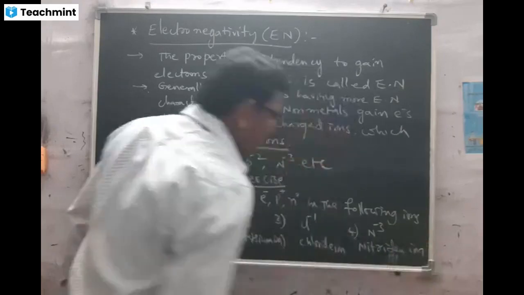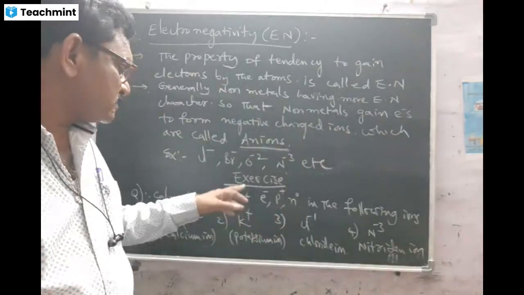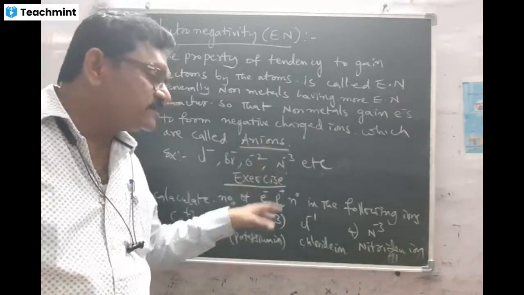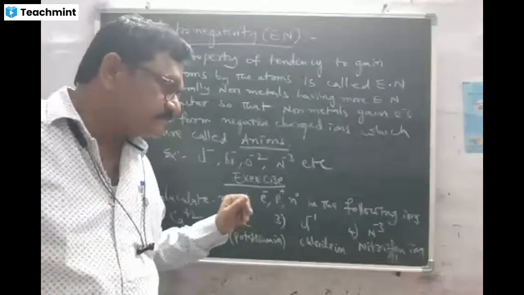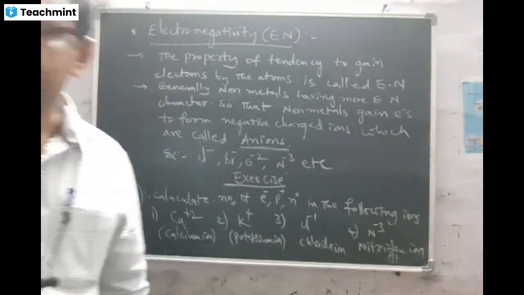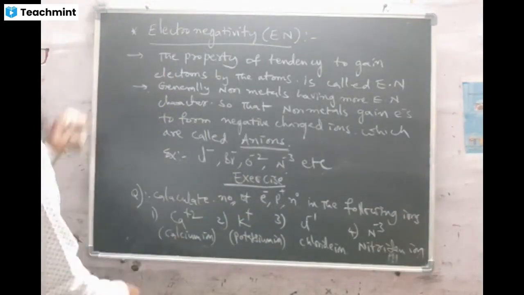Lucky, you are going to calculate electrons, protons, neutrons in the following ions. Yesterday in the last class we calculated, but in neutral atoms. This is our exercise.